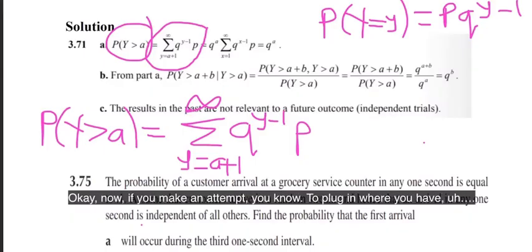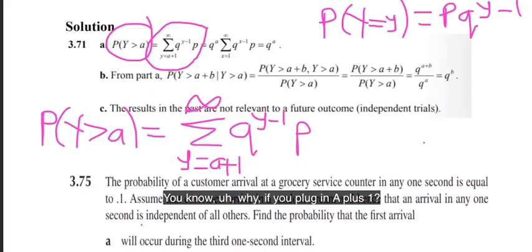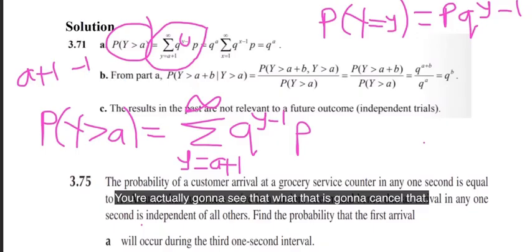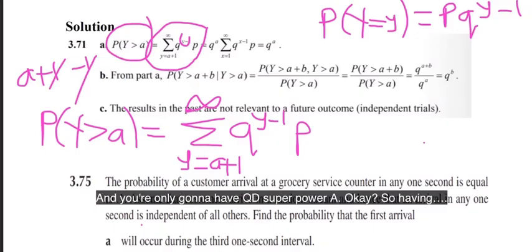Now if you plug in y equals a plus 1 here, minus that one, you will see that it cancels, and you are only going to have q raised to power a.